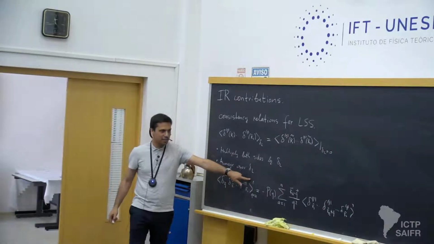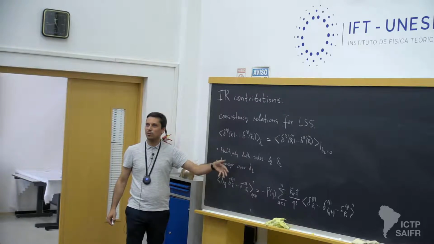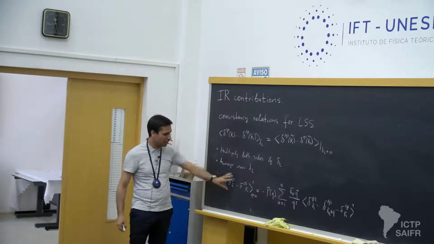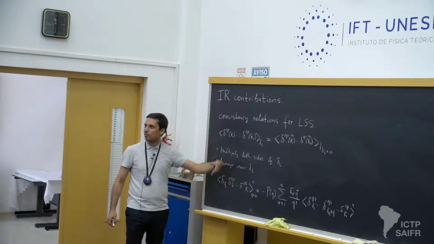These primes mean that I subtract the trivial (2 pi) cubed times delta function. So this is only whatever remains when I remove the delta function.